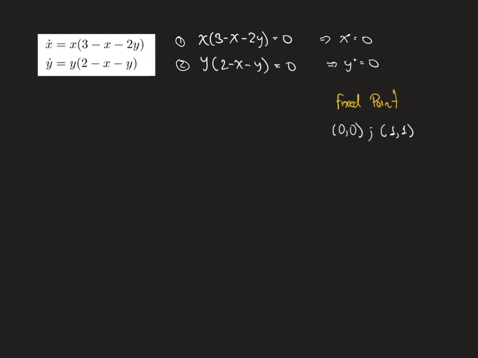So if x is equal to 0, the first equation doesn't give us any information. But the second equation is going to tell us that 2y minus y squared is equal to 0, and then we find that one solution is y equal to 0 and the other solution is y equal to 2.